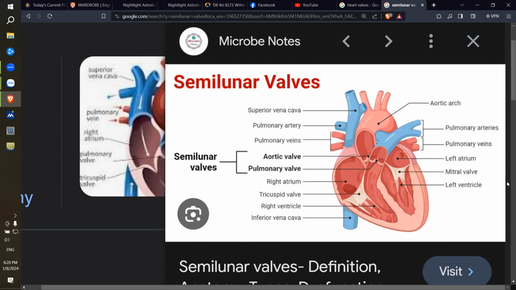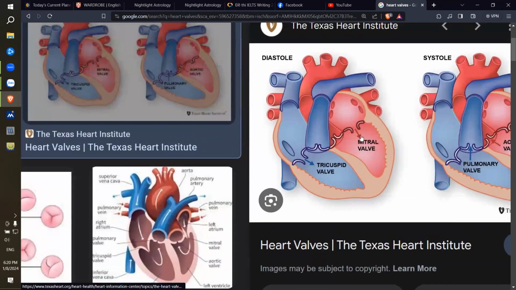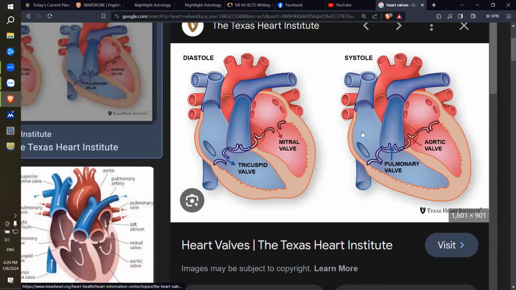Now I'm going to talk about the cardiac cycle. There are two main phases, the systole and the diastole. During the systole, the tricuspid and the mitral valves close, which prevents the blood from flowing back into the atria. The semilunar valves open, allowing blood to flow into the pulmonary artery and aorta.